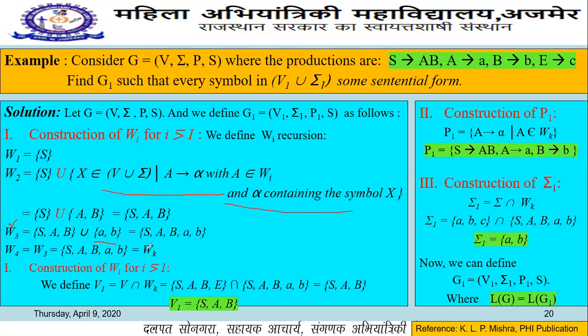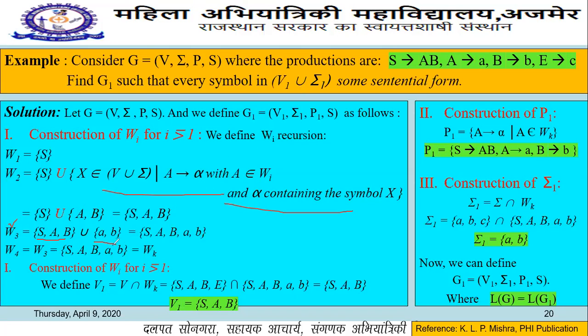In this, we choose those symbols which come from the productions where the left hand side belongs to W2 and the right hand side belongs to the symbols from V union sigma.